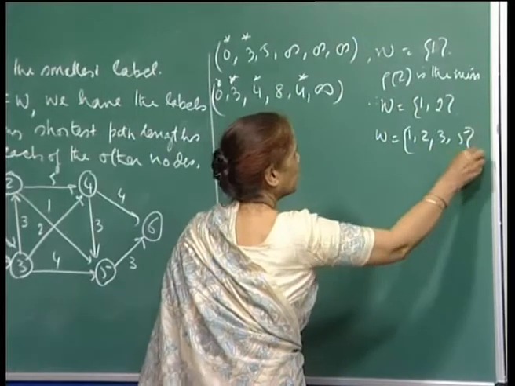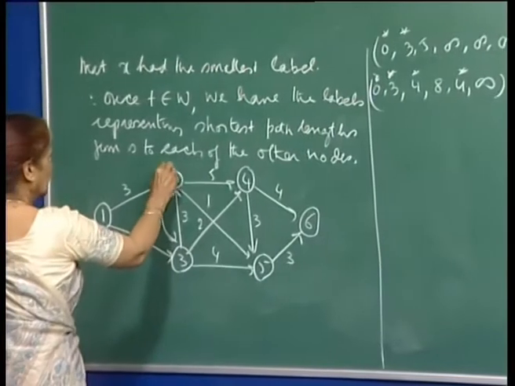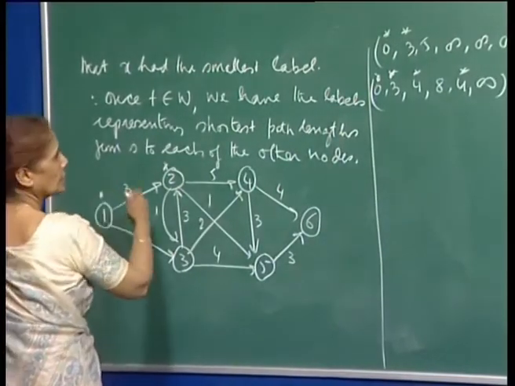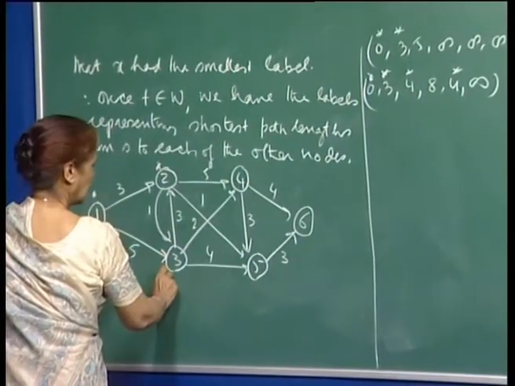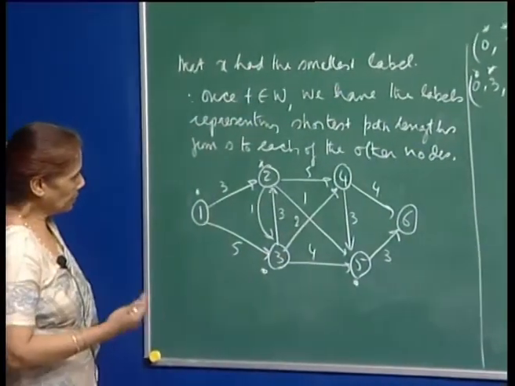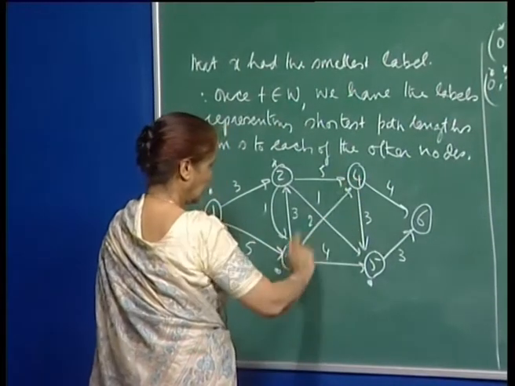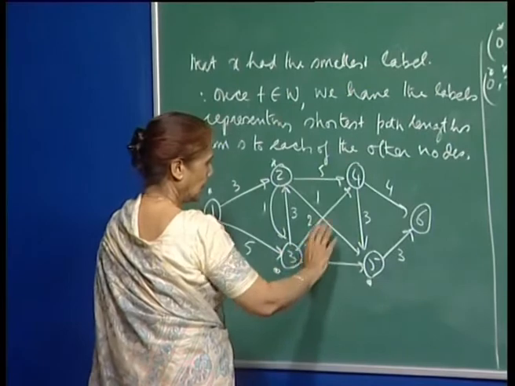Okay. So therefore now you have this labeled permanently, this of course is labeled permanently, this is labeled permanently, and this is. So now on the graph you can see immediately. So to update, what will I do? From 3 you can reach 4.